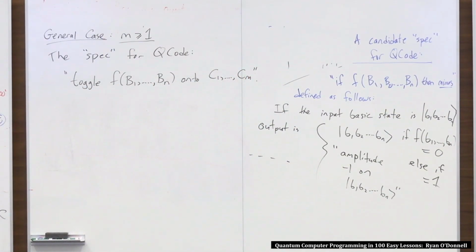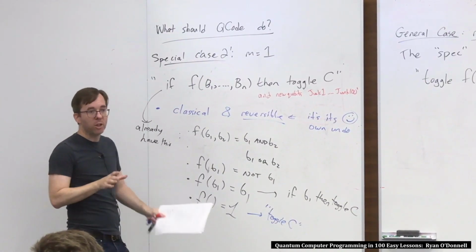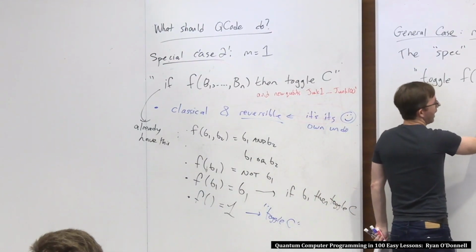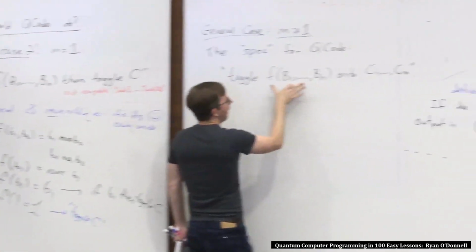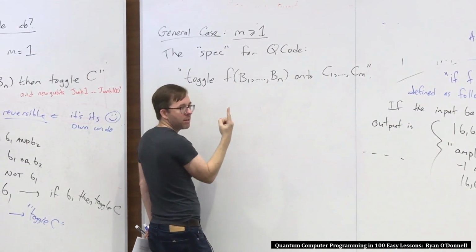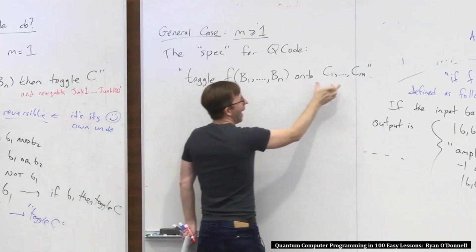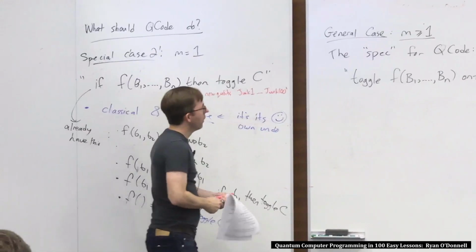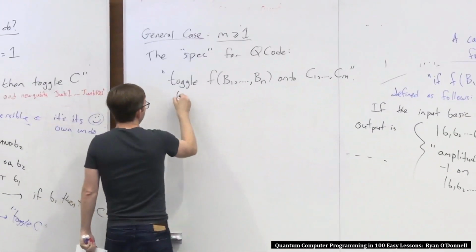Okay, so the spec will be, I'm going to need n plus m qubits. And whatever, I'm going to treat the first n as the input. And then I will compute f's value, which is an m-bit string, and then I will XOR it onto these m output bits. So here, maybe you could also call it XOR.